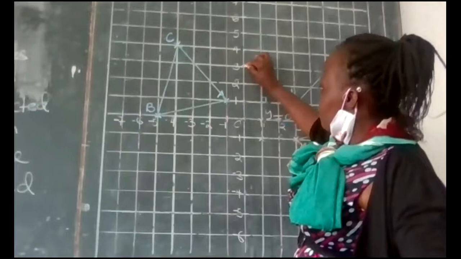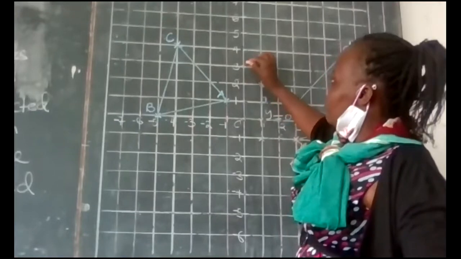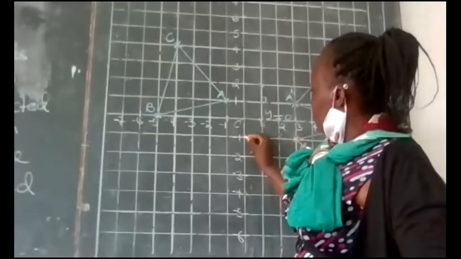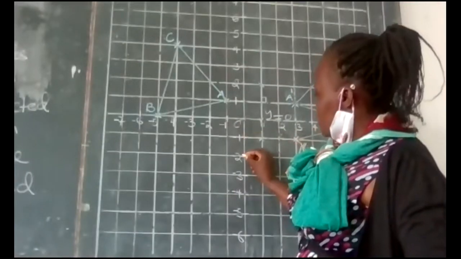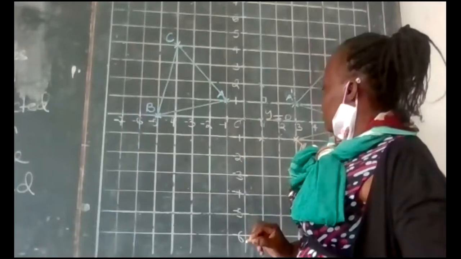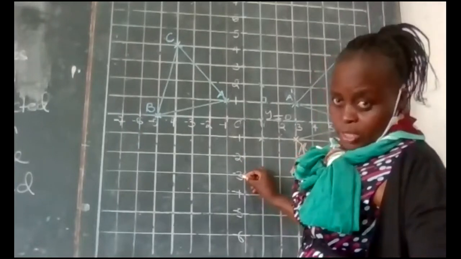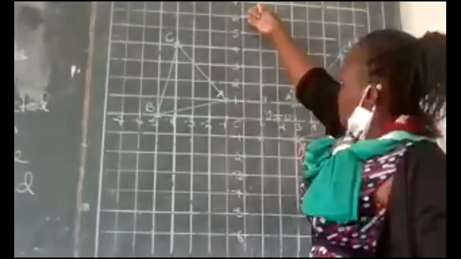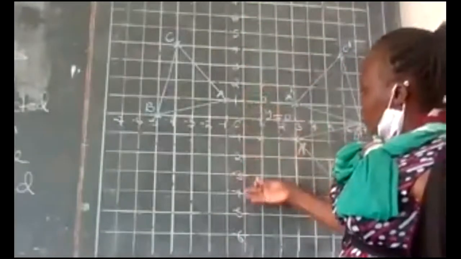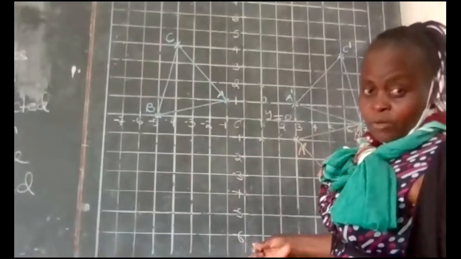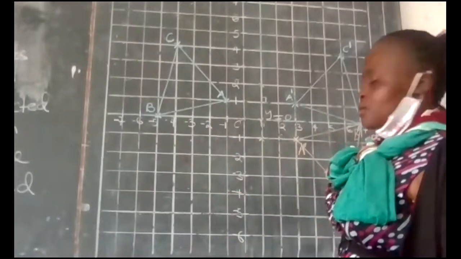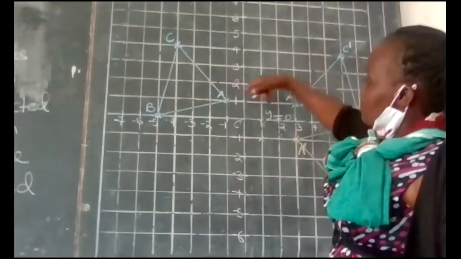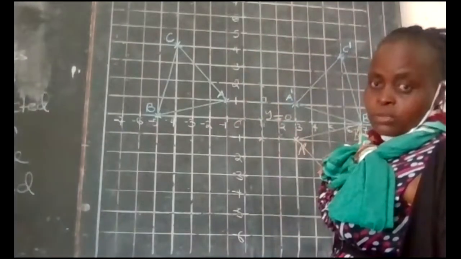We have 0, 3, and so on. Even down, we shall have 0, negative 1, 0, negative 2, 0, negative 3. So I think the person who asked can see that everywhere along this line, all the values of x are equal to 0. So we call the y-axis the same as the line x equals 0.